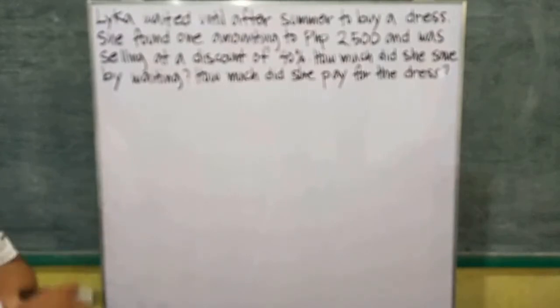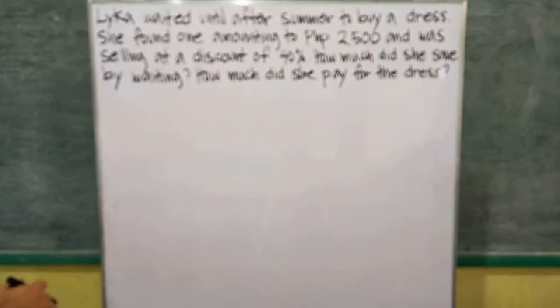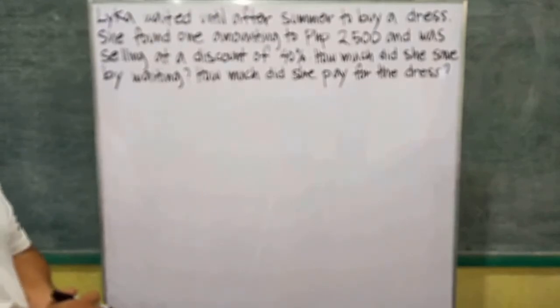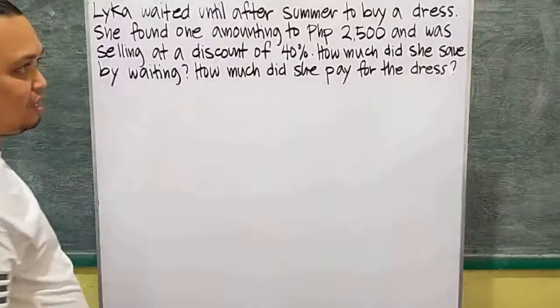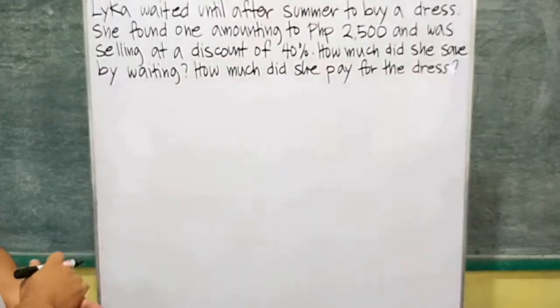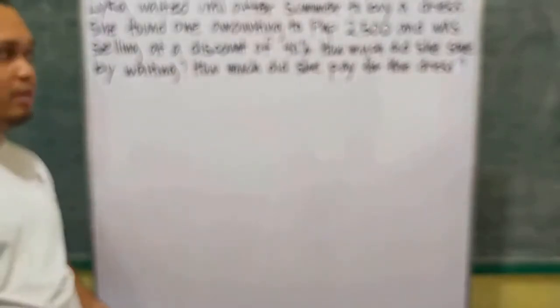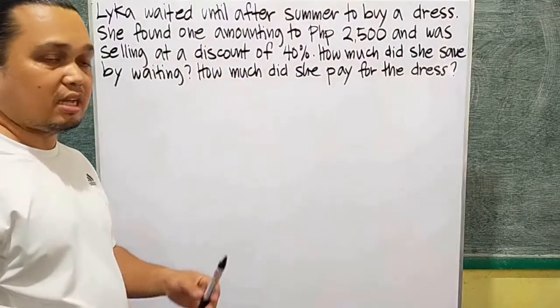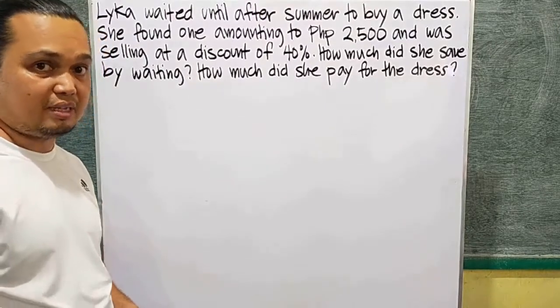The price of the dress is 2,500, but it was discounted by 40%. How much did she save by waiting? The question here is the discount. What is the discount? And how much did she pay for the dress? That's the sale price.